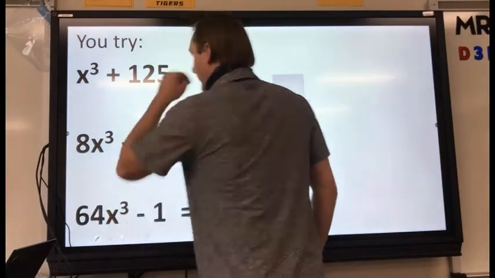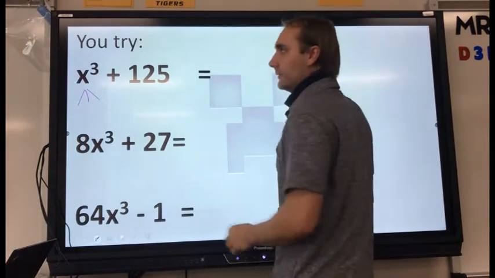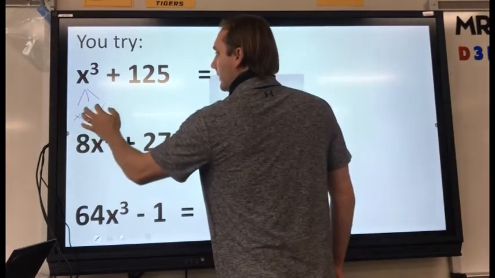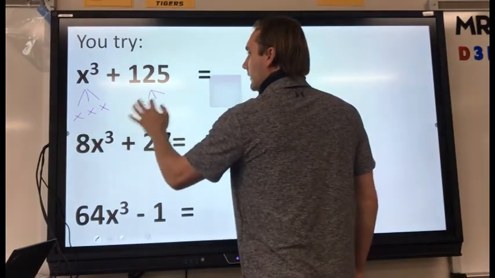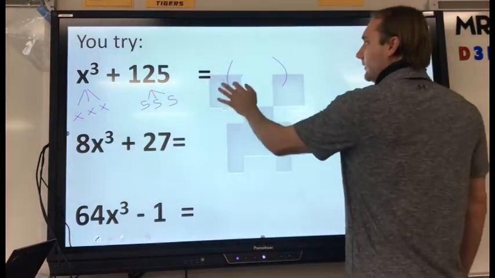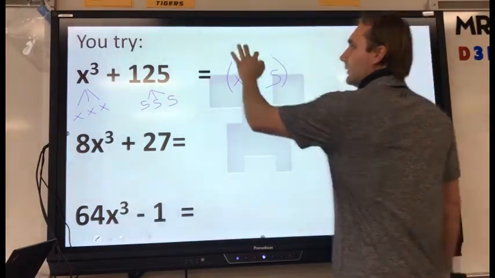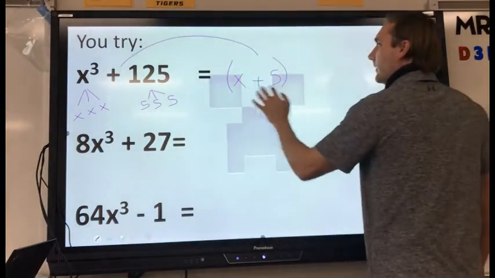So these are all perfect cubes. What's my A value here? Or what 3 times? X times X times X. And 125 is? 5 times 5 times 5. My first part is A and B. My A is X. My B is 5. What operation goes here? The plus, right?